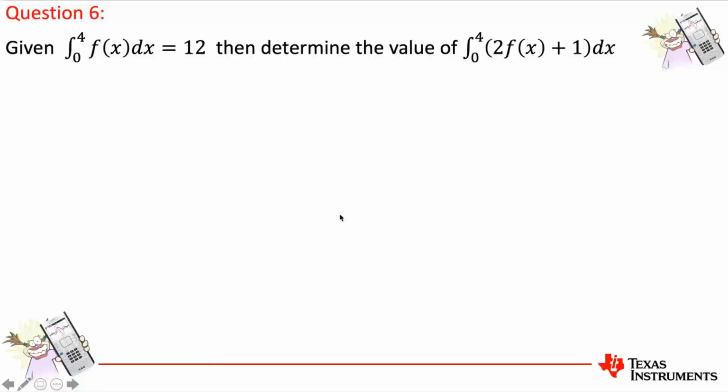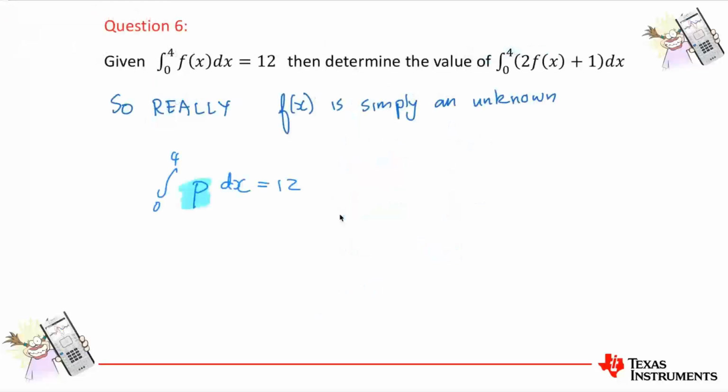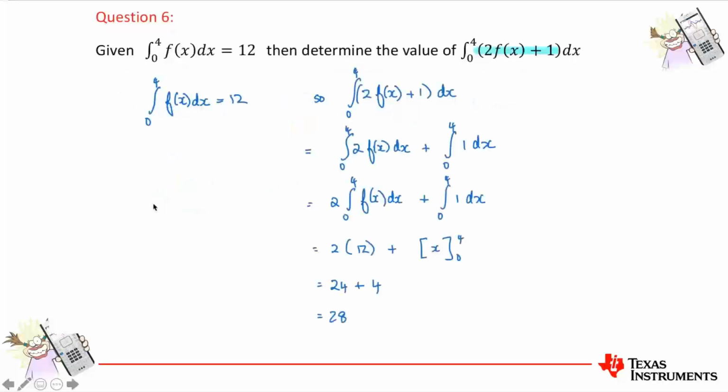Again, I've written the mathematical justification on the PowerPoint, so I'm going to flip to this page quickly and go through it. We know the integral of f of x dx, the area between 0 and 4, is 12.